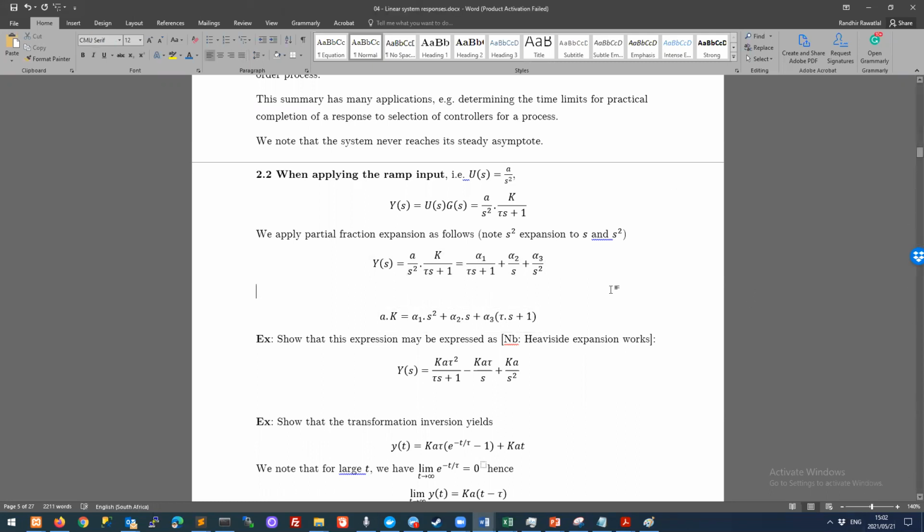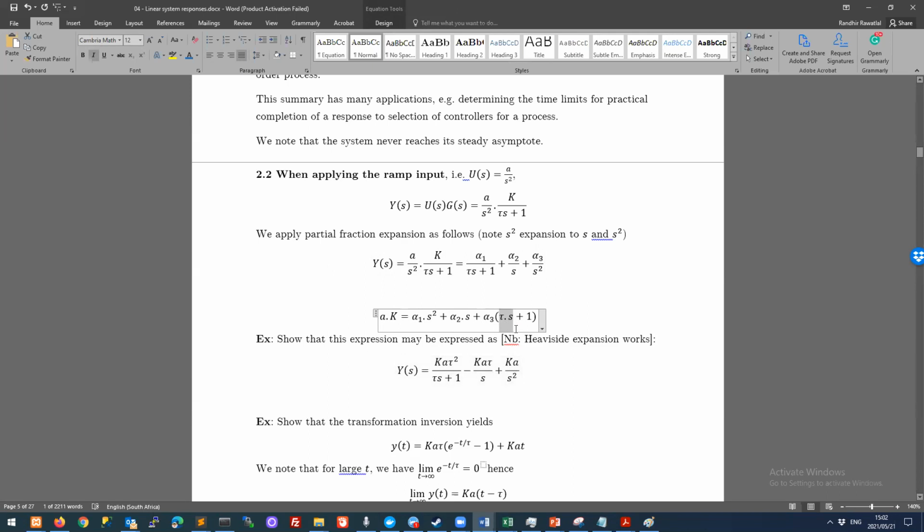And then you can do a couple of things to simplify the process here. You can say, okay, when s equals 0, then I'm going to have alpha 3, right? When s equals 0, these will all vanish, and alpha 3 is the only thing left over on this side, and it's equal to ak. So you can see alpha 3 is ak, and in the equation now, alpha 3 has been replaced by ak.